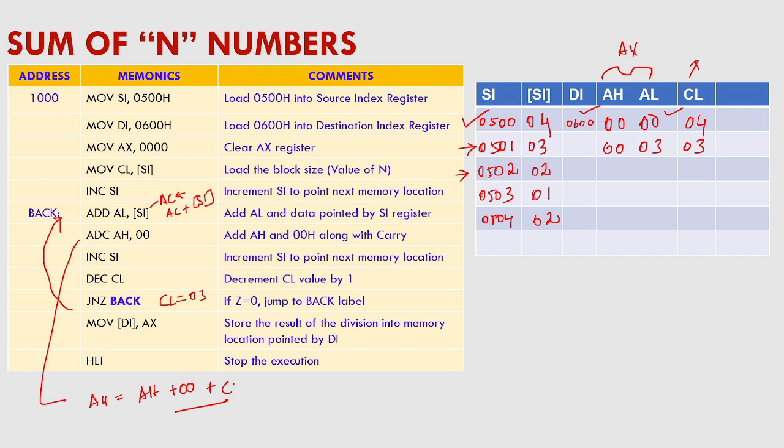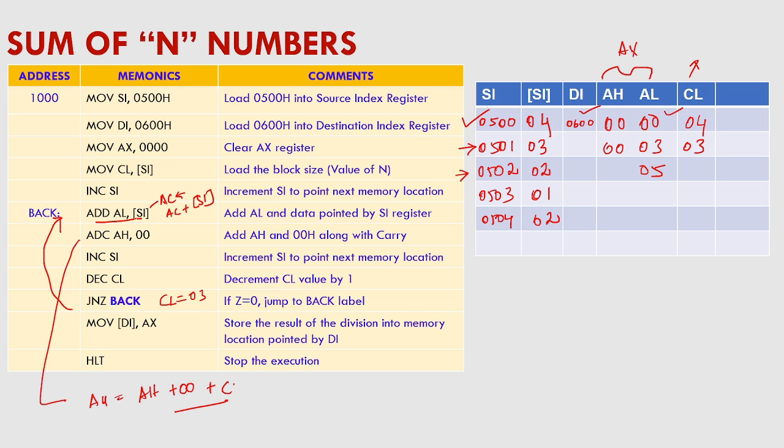The address is 0502. What is the data held there? 02. That will be added with this. After execution of this instruction, it will be updated to 5. Why? Before it was 03, and when added with 02, it becomes 05.